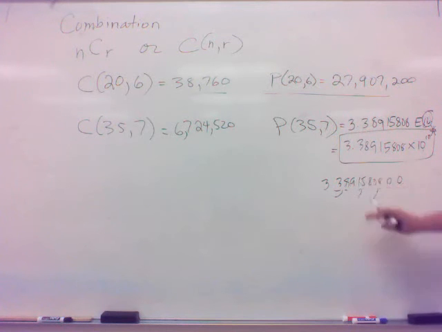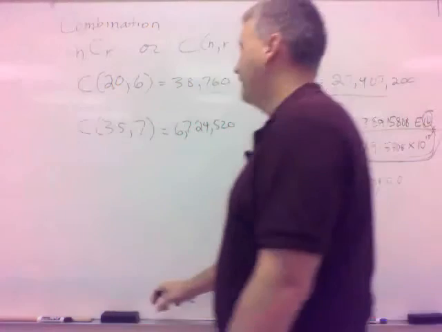Let's see, million, billion, 33 billion some odd. Yeah, this is the answer I want. Whether your calculator displays E10, space 10, however it shows it, show it this way, scientific. Okay.